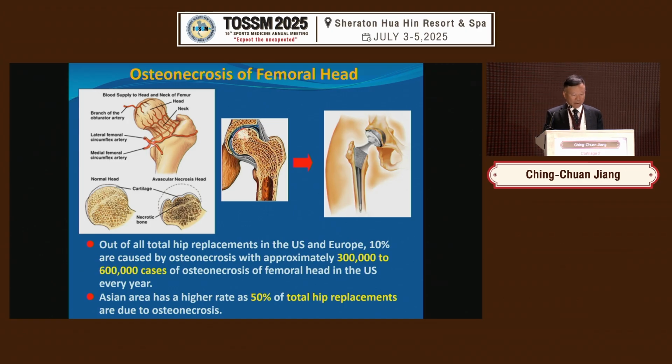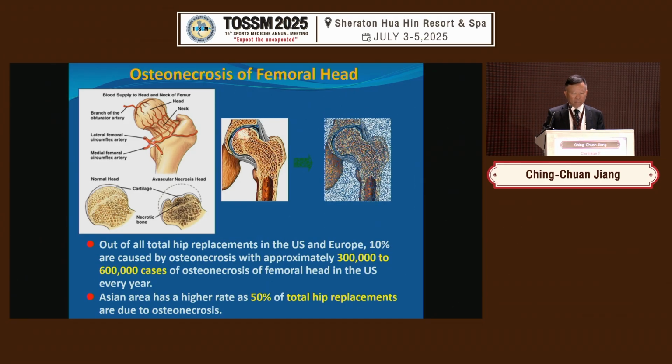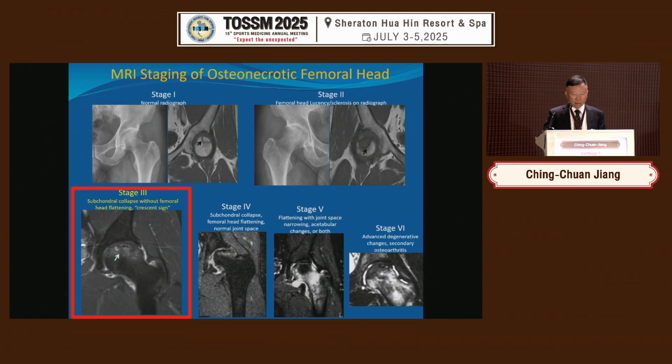If this condition becomes neglected, the final result is total joint replacement. So the goal of our research is to treat this lesion at an early stage to prevent joint replacement. So we focus on the early stage.